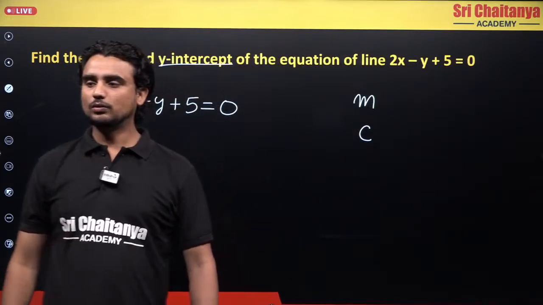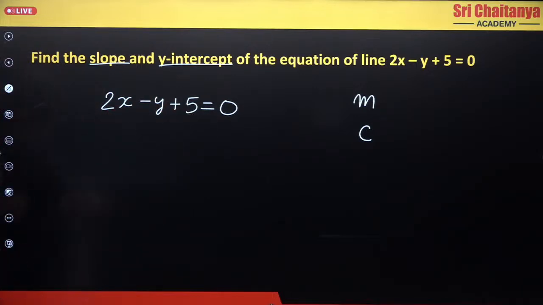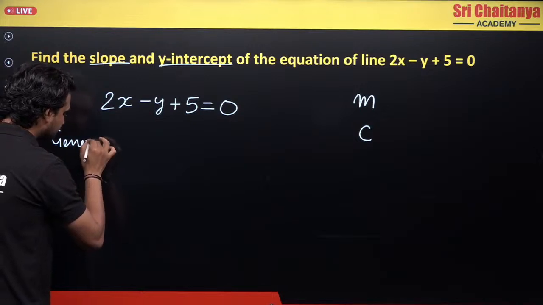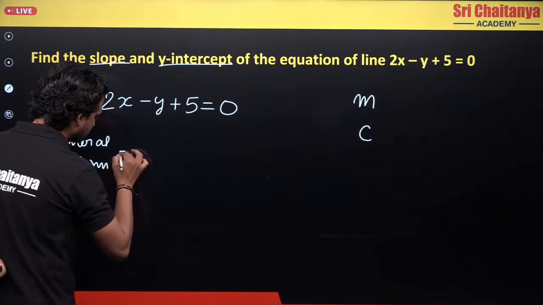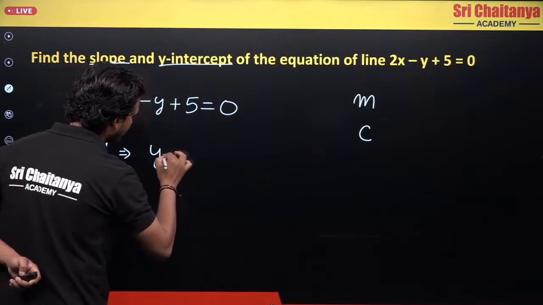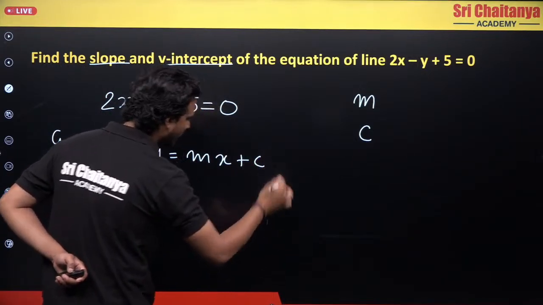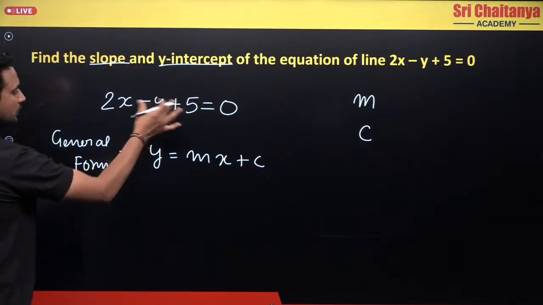First of all, let's write this equation in the general form. What is the general form? The general form is given as y equals mx plus c. So let's first make this equation in the general form.